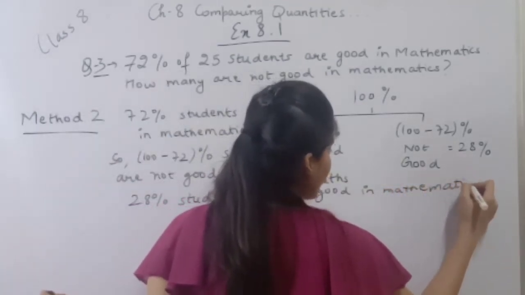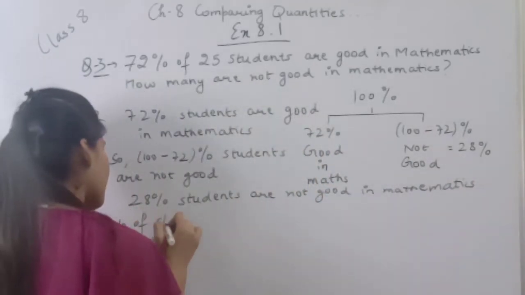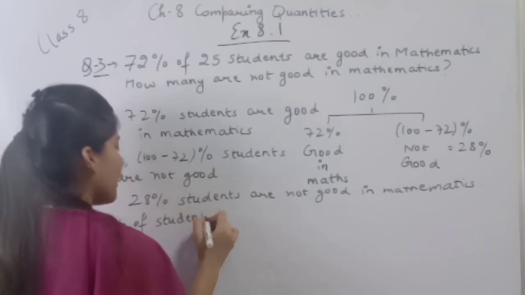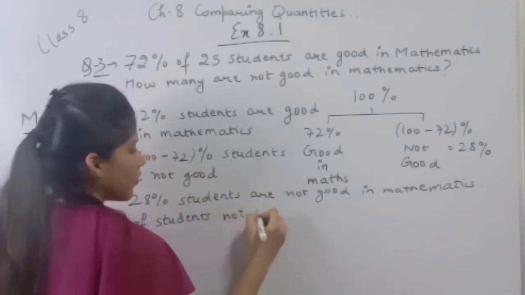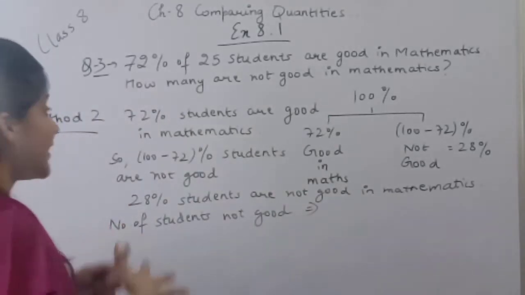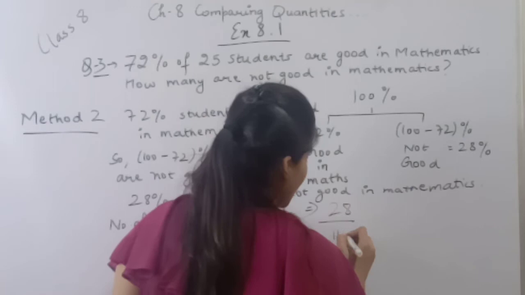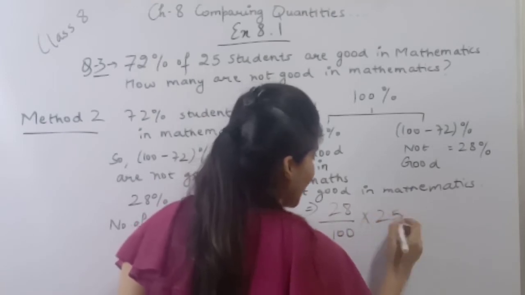Now, so number of students not good are, now we will calculate 28% of 25. 28 upon 100 of 25.